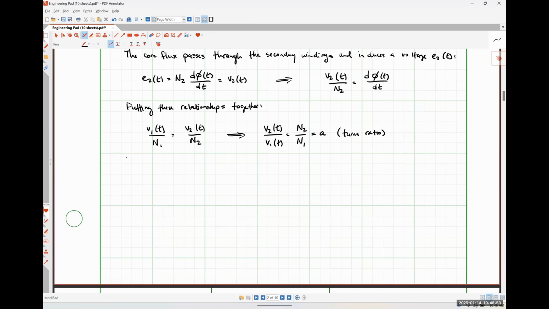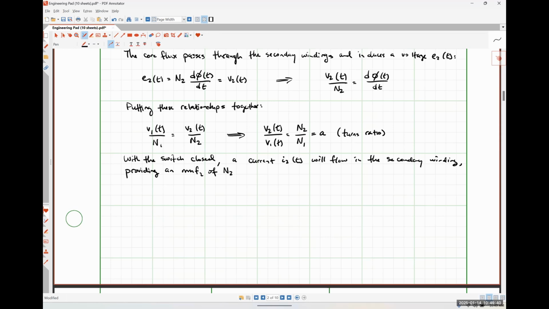So with the switch closed, a current I2 will flow in the secondary winding, providing a magnetomotive force, MMF2 of N2 I2 of t, for the core.